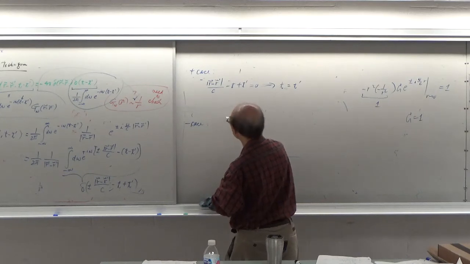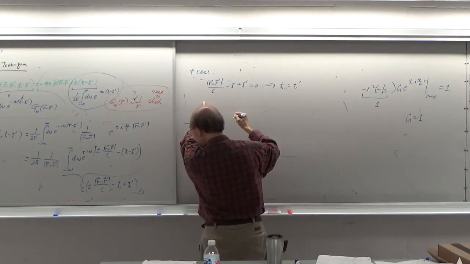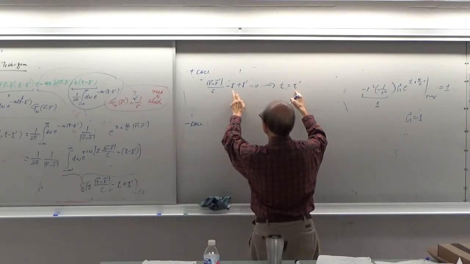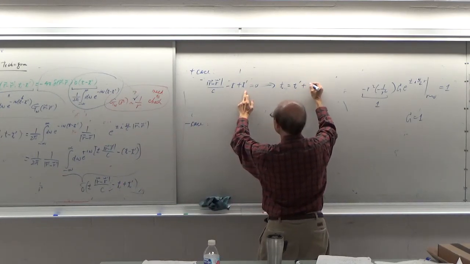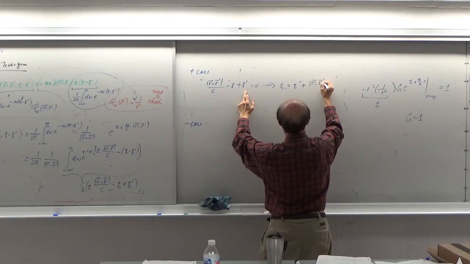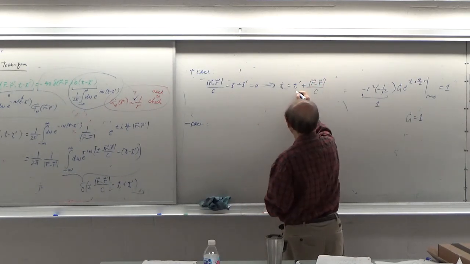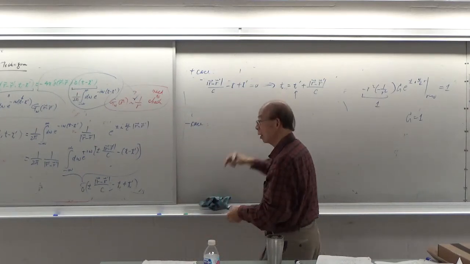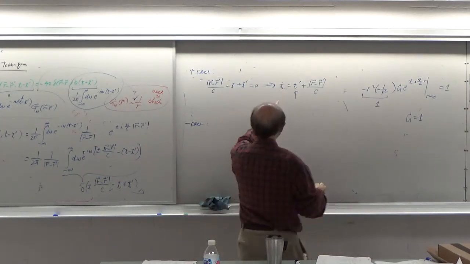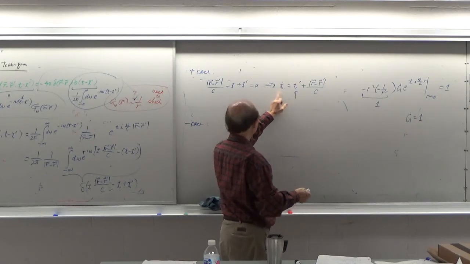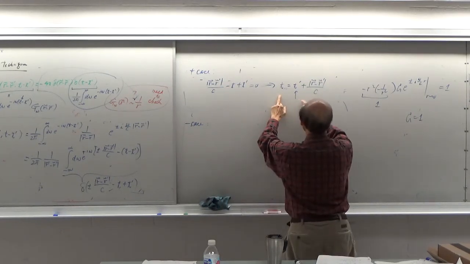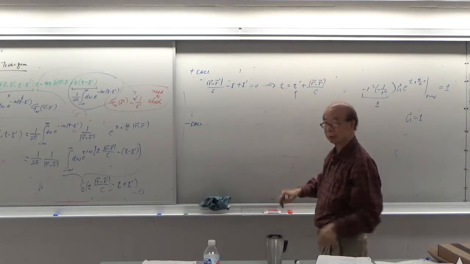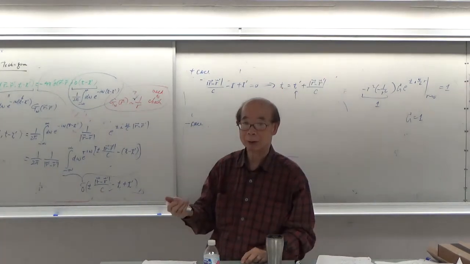Now the plus case here is t equals t prime plus r minus r prime over c. Remember, t prime is the emission time. t is the observation time. The observation time for this plus case is the emission time plus this one. So the observation is after emission. So this is consistent with causality.